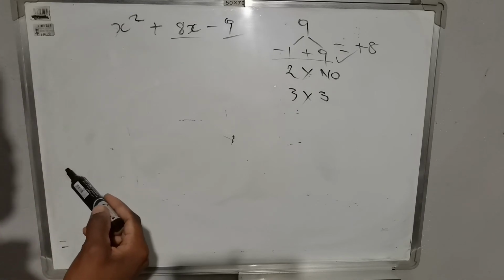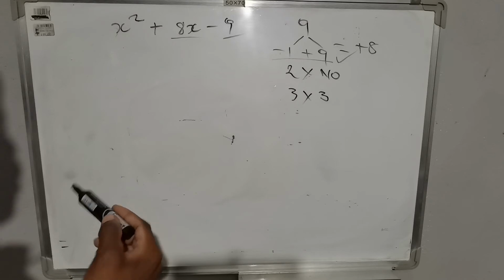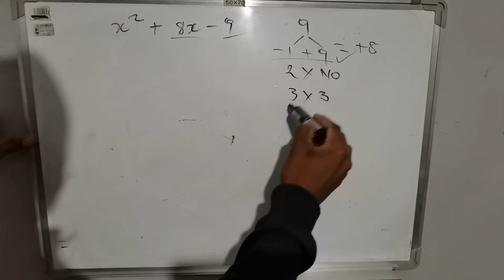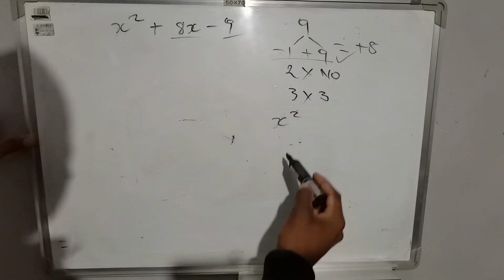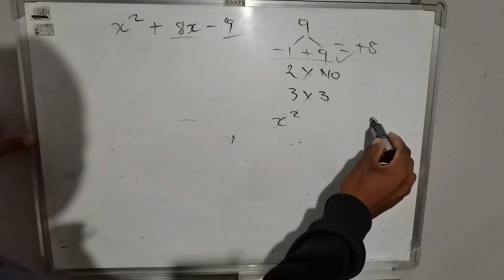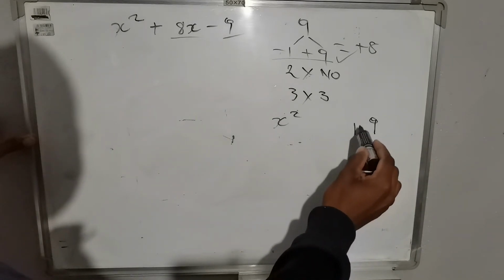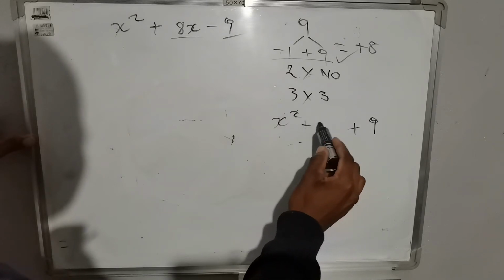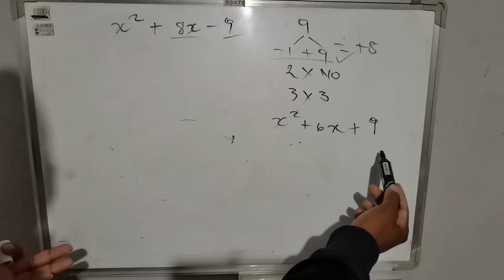Let's say the equation was positive 9 and it would be positive 6x. So it's the same number 9.